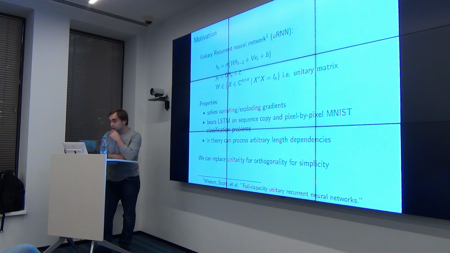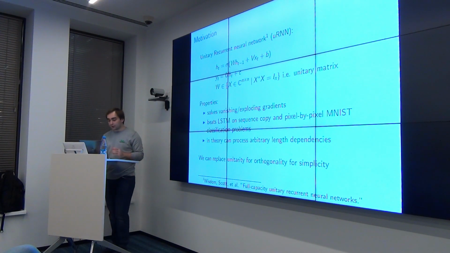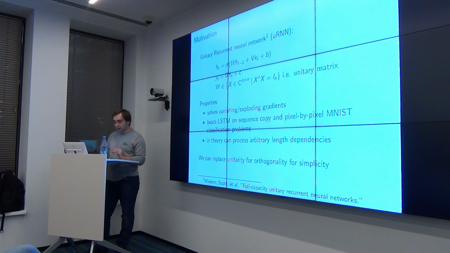There is a model called unitary recurrent neural network, URNN, and it's like the usual RNN, except that we make the hidden-to-hidden matrix unitary. And why would we do that? Because it solves the vanishing or exploding gradients problem, and the network can't forget anything, and it can use all the sequence and put it in the memory.